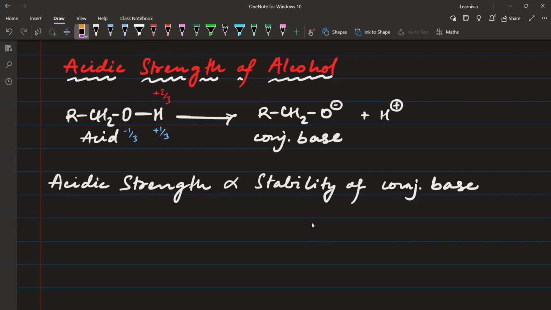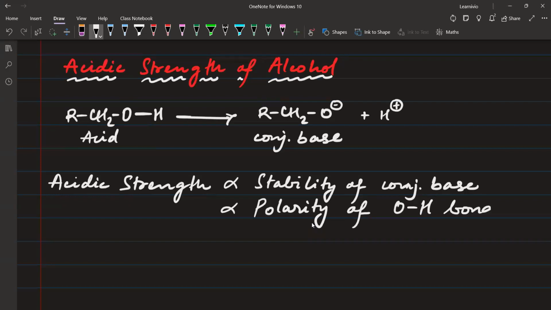If there is already a high delta positive and a high delta negative charge on hydrogen and oxygen respectively, then it will be easier for the hydrogen atom to get complete positive charge, and easier for the oxygen atom to get complete negative charge. So if the polarity of the OH bond is high, the acidic strength will also be high. We can easily break that bond. We'll write polarity of OH bond. If the polarity of the OH bond is high, that bond can be easily broken into positive and negatives.